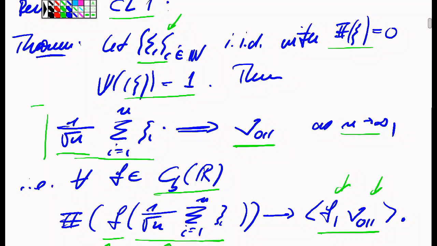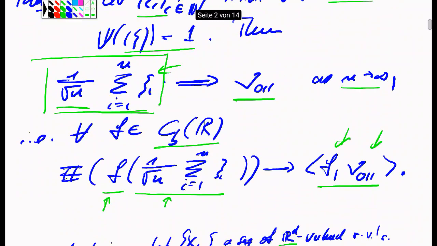This is exactly why we chose this scaling, because in this scaling, this corresponding sequence of random variables will have expectation 0 and variance 1, just as the standard normal distribution. And whenever you do the scaling in such a fashion and you pass to the large n limit, then this collection of random variables has a universal limit regardless of the further specifics of these random variables xi, and therefore the standard normal distribution is so important because it's so robust. It appears basically regardless of what you put in, provided you scale properly, you will arrive at the standard normal distribution.